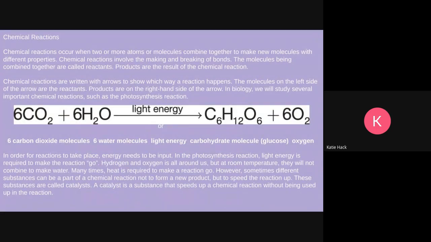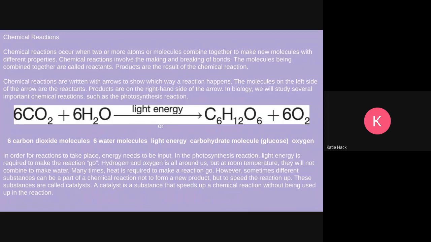So let's talk a little bit about chemical reactions. Chemical reactions occur when 2 or more atoms or molecules combine together to make new molecules with different properties. So you're going to have 2 molecules or atoms, and it's going to undergo a reaction.